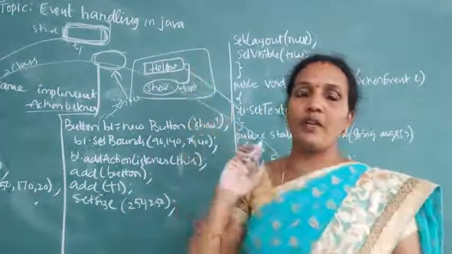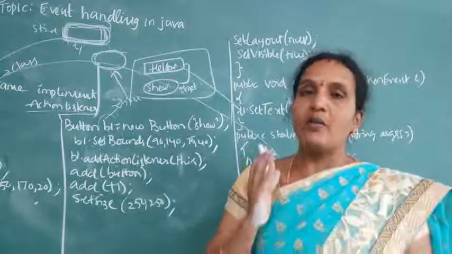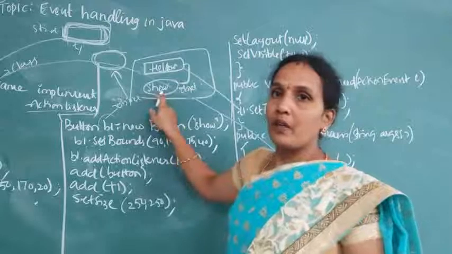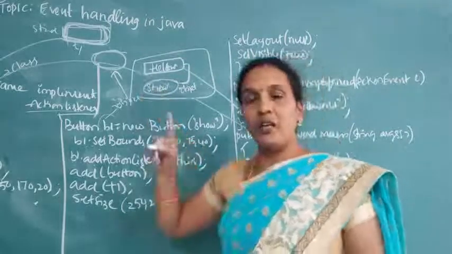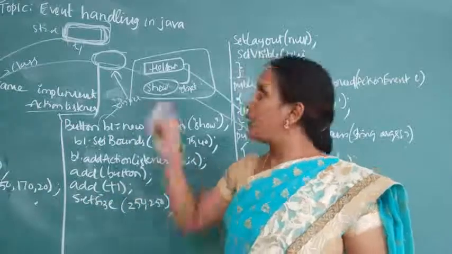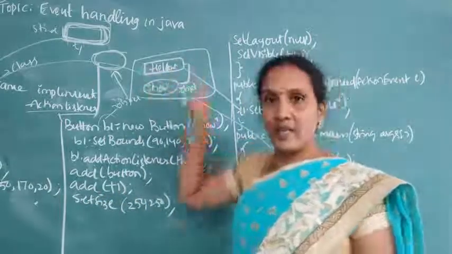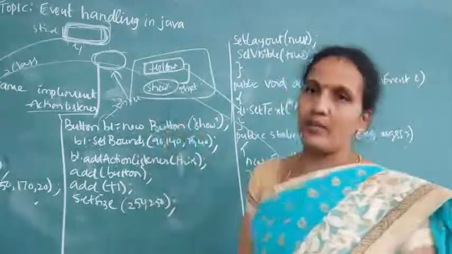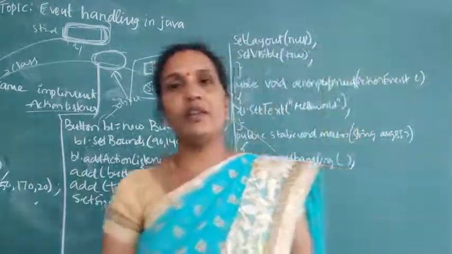So when you are performing any event on the frame, first you need to create an object for that. Okay. Understood? After creating an object, that should be registered with the listeners. And after registering with the listeners, you need to add this on the screen. And after that, you should perform an action. Please click on this. So this is event handling.